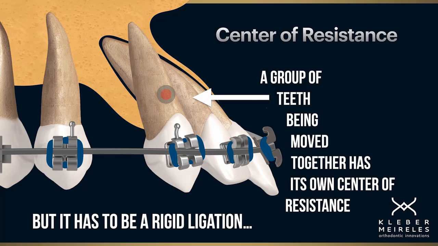If I'm using a rigid ligation, because it's different from, for example, here, if I'm considering the six anterior teeth as one body to be moved, and I'm using a single force for that, because now we're just understanding one vector, I'm applying a single force for that kind of movement. I need to ligate those teeth in a rigid condition.